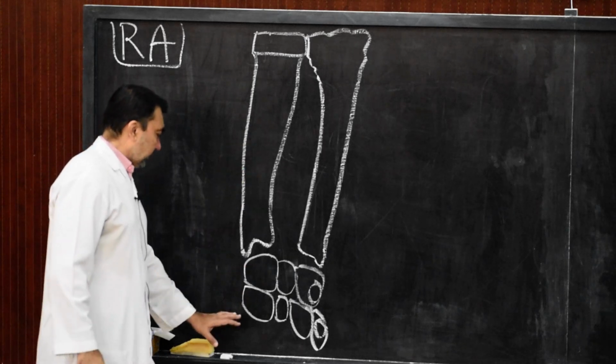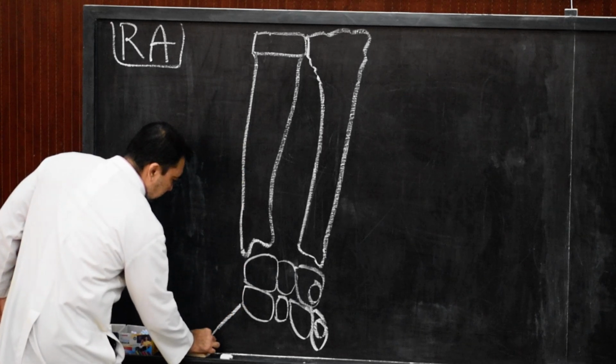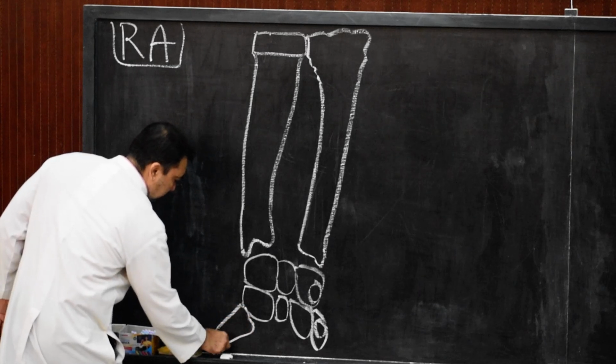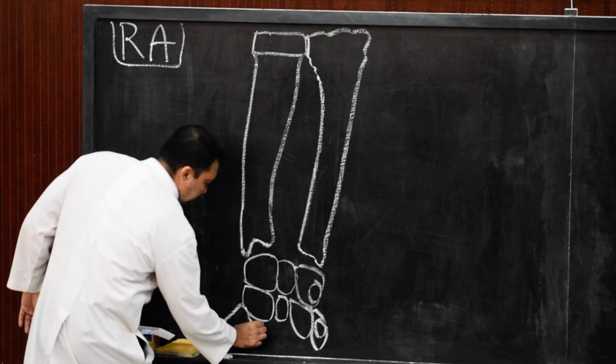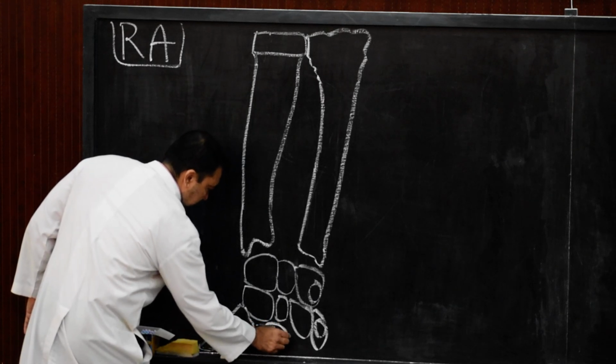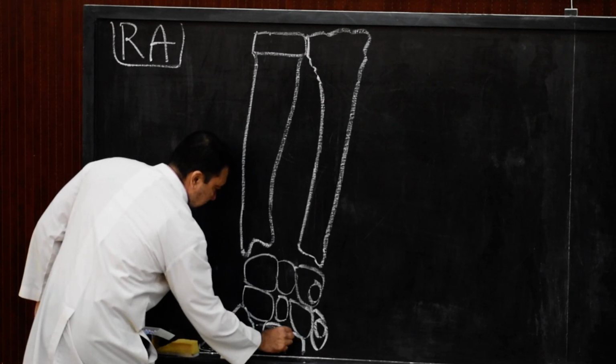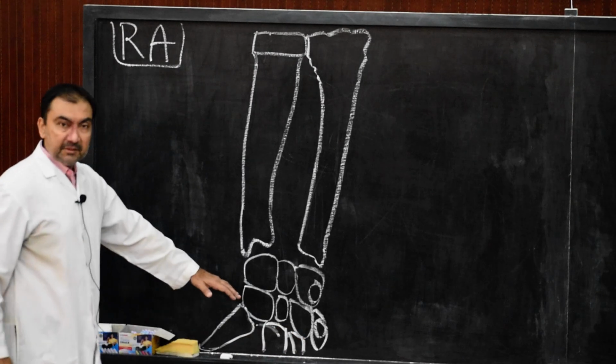Similarly, after drawing these structures, we are going to show at least the metacarpals. Try and draw the first, try and draw the second one, and whatever space is left.